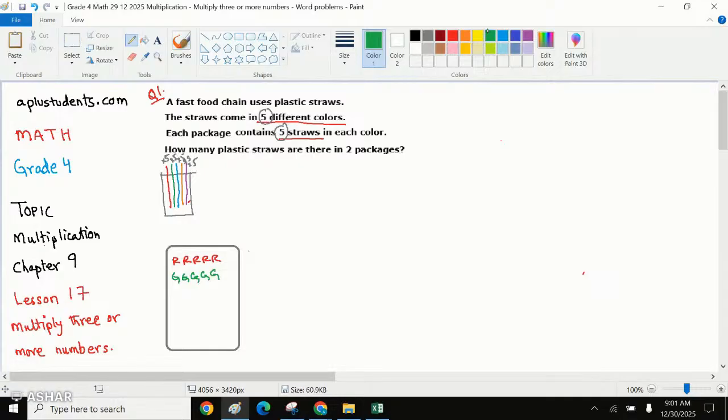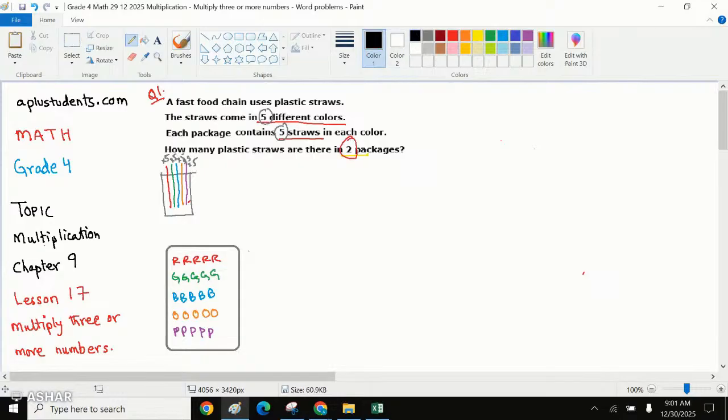There were 5 blue, 5 orange, we're just selecting random colors, right? 5 orange and 5 purple. So how many straws are there total in one pack? There are total 25 straws, right? And we need to find for 2 packs what are the total number of straws in 2 packs, right?